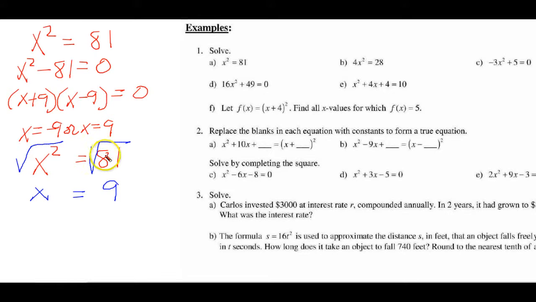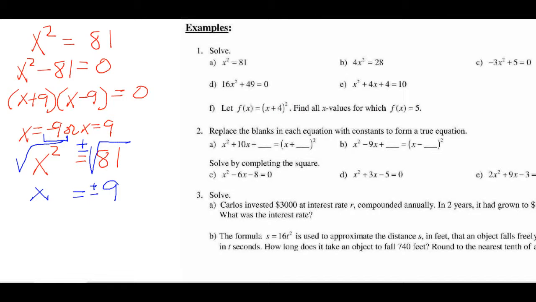So from now on, whenever we take the square root of x squared, we're going to say there is a possibility that we get a negative and a positive value. So from now on, we'll say x equals plus or minus 9. It's plus or minus the square root of 81, which is plus or minus 9. That way we ensure we get the negative root as well.